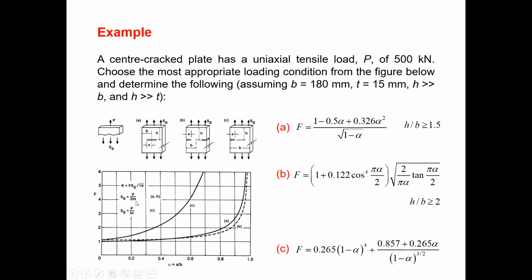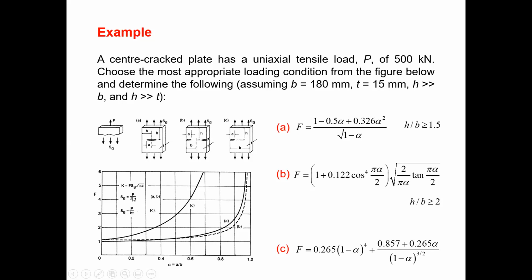You can see the cross section is 2B here, so the width is 2B times T. But if you are going to calculate the stress using C, you can't get 2B, it's B times T. So P divided by BT is the stress. If you know the load and the cross-section area, you can find the stress.